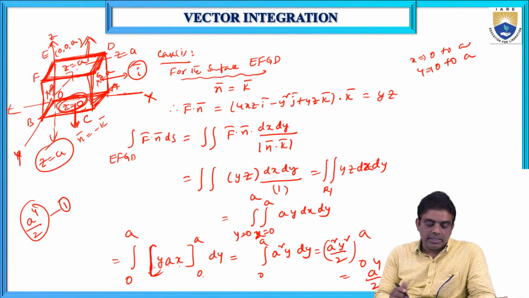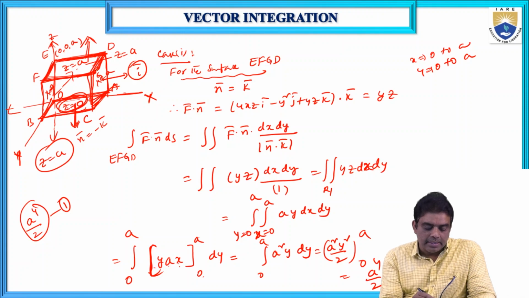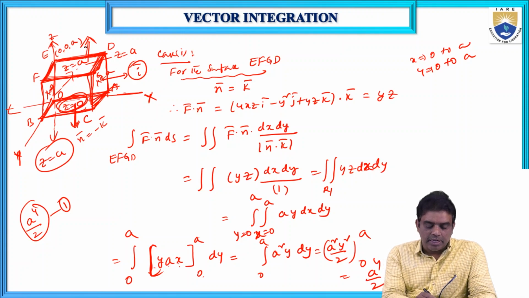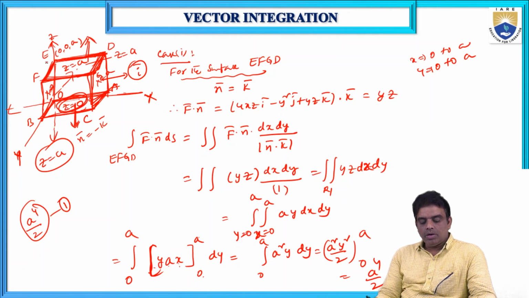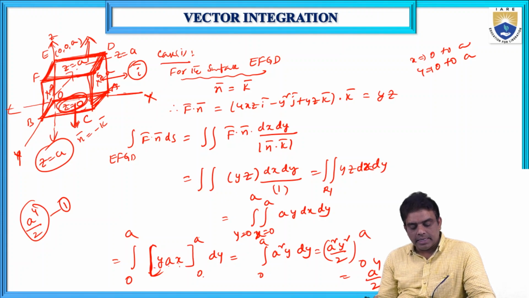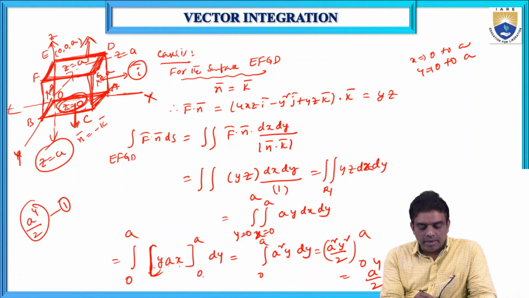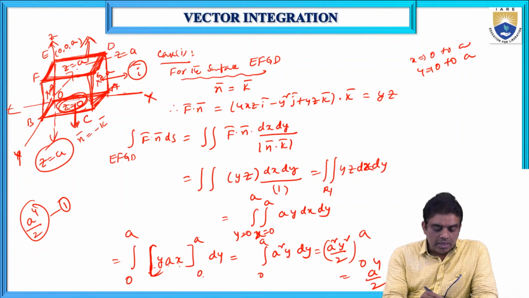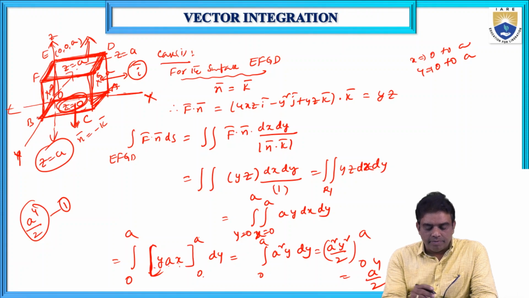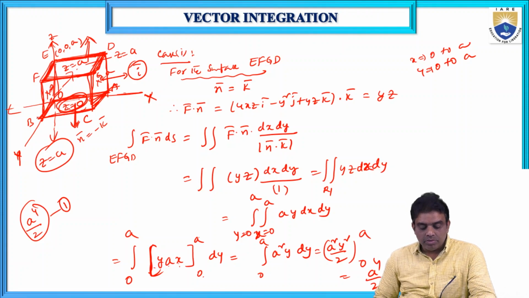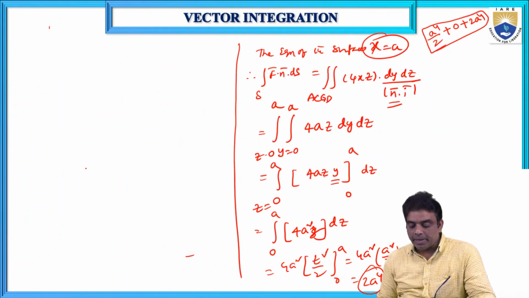So far we have considered the z is equal to 0 plane, the z is equal to a plane, and the y is equal to a plane. Now x is equal to a is already considered. Now I would like to consider the YZ plane, which means x is equal to 0.